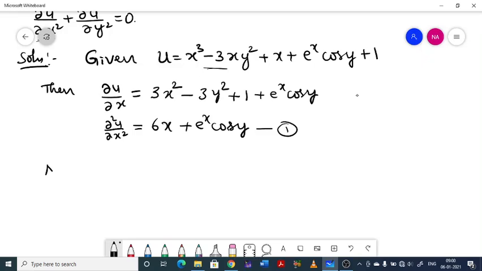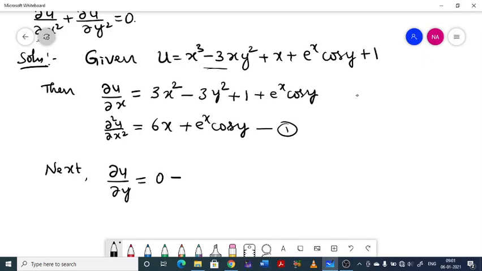Next, again you have to start with the given thing, because I have to differentiate with respect to y. Dou u by dou y equals differentiating u with respect to y, where x is treated as constant. So x cube, differentiating you get 0.